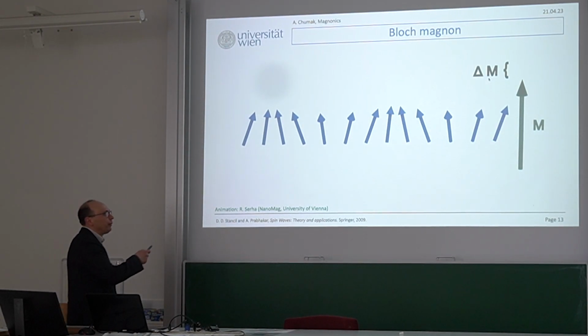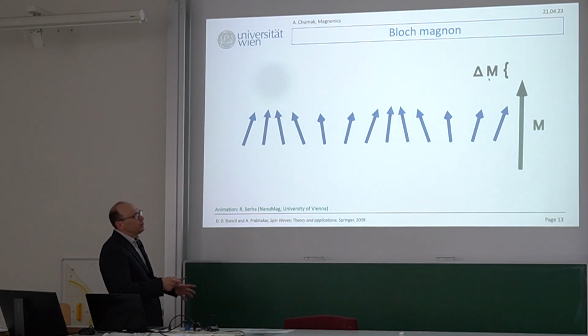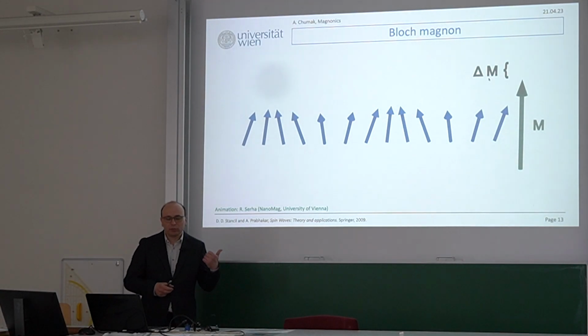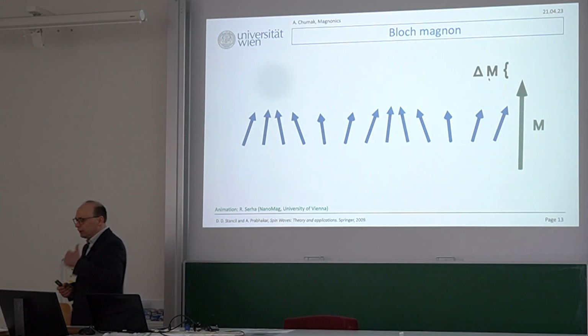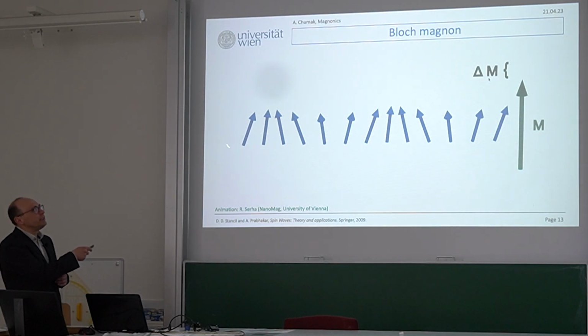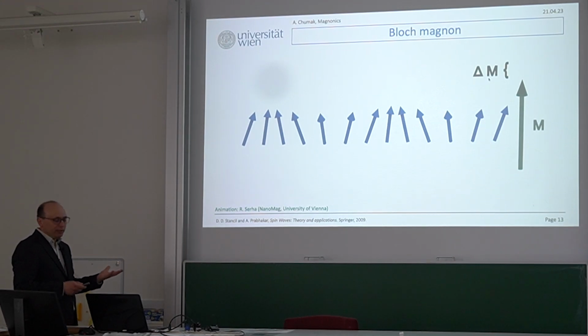So 2 Bohr magneton. And you see that as opposed to the previous case, it was not really a collective excitation, it was just a flip of a single spin. And this is a collective object. That's the proper magnon, how we refer to it.